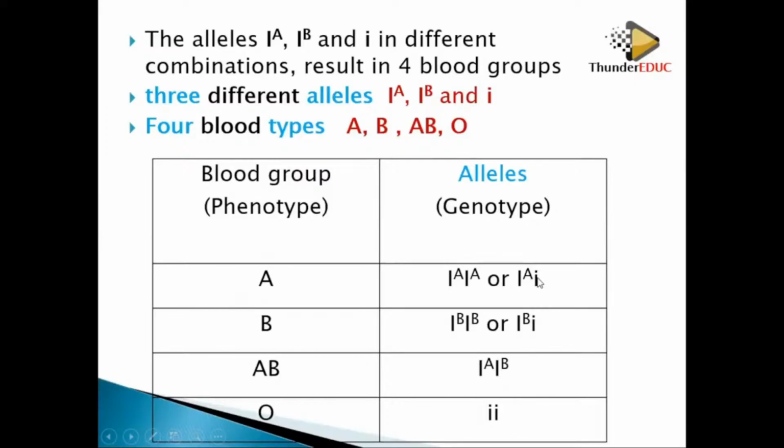Because this recessive i and a recessive i from here, when they combine, form 2 recessive i's. Remember I said that you obtain these alleles from your parents, one from the father, one from the mother, and then you form your genotype. So 1 i from the mother and 1 i from the father combine to form blood group O. So it is possible.